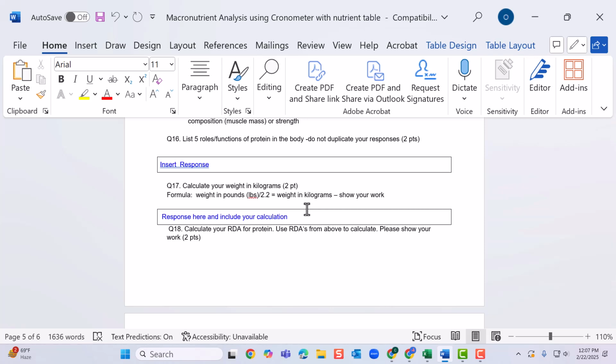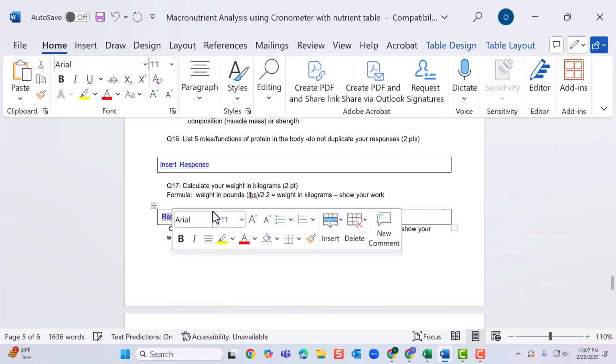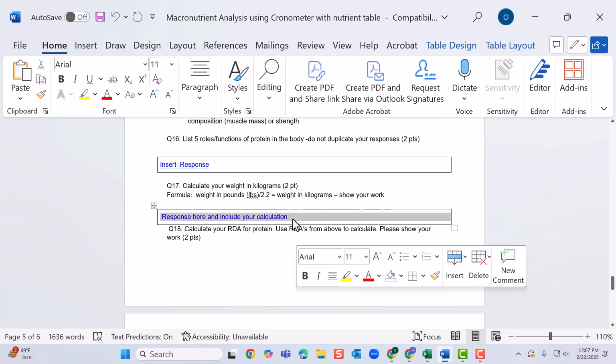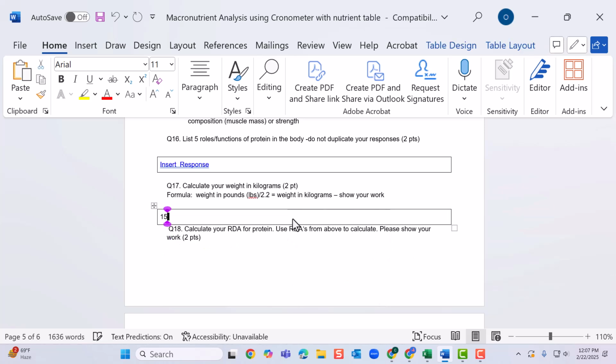We're going to calculate the RDA for protein that you're going to use. So I'm going to do this example and I have my calculator with me. Let's say I weigh 150 pounds. In order to figure out my kilograms, I divide my pounds by 2.2.